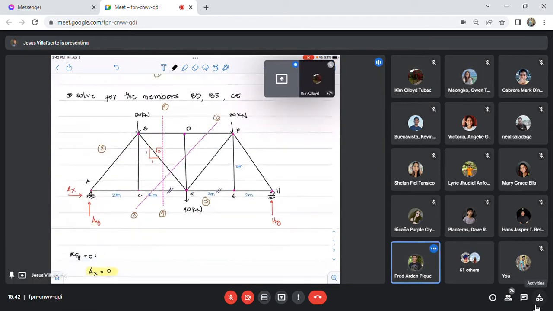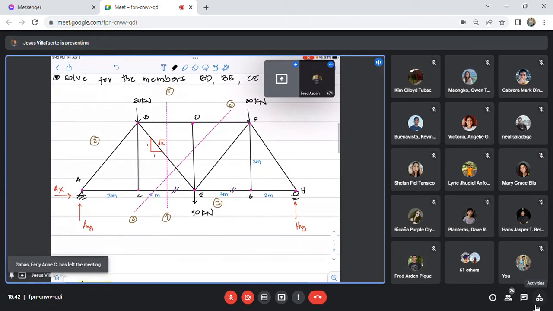So, in this cut, I am interested in getting member DF. We no longer need to solve DE, DA, BD, and CE because we already solved BE and CE. I'm just trying to solve member DF, which should be equal to member BD because this truss is symmetrical.